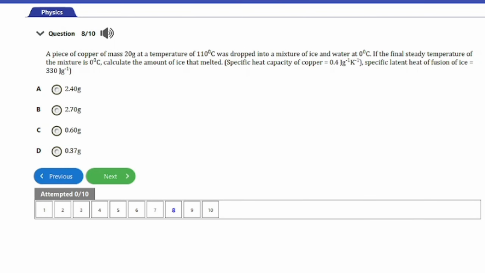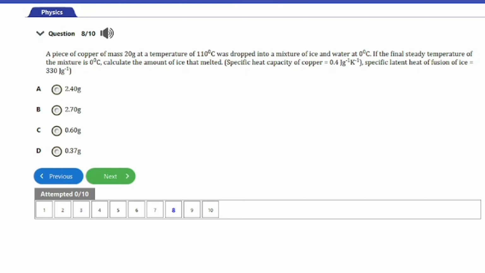So guys, the next question here, question number 8, says, a piece of copper of mass 20 grams at a temperature of 110 degrees Celsius was dropped into a mixture of ice and water at 0 degrees Celsius. If the final steady temperature of the mixture is 0 degrees Celsius, calculate the amount of ice that melted.